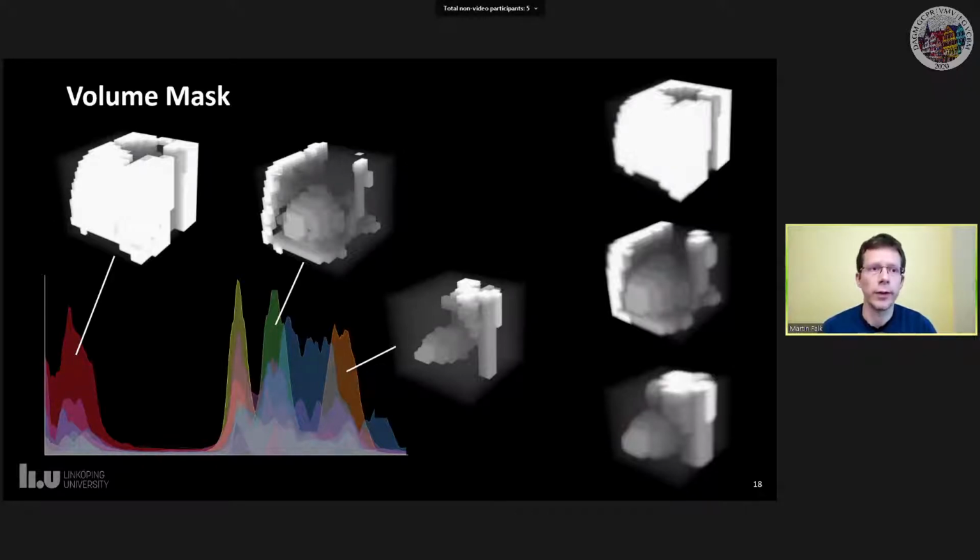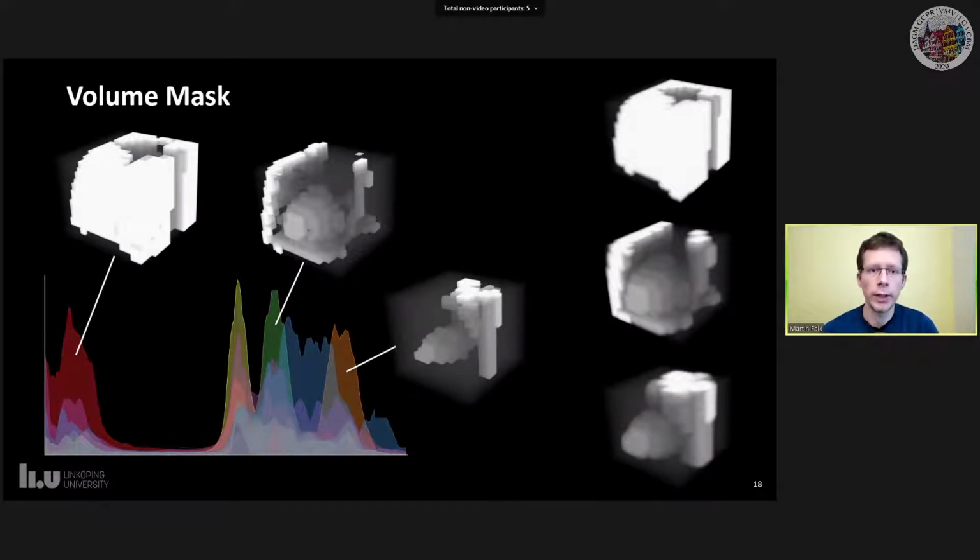Of course, since our block resolution is rather coarse compared to the volume resolution, the binary mask is rather coarse. To lessen this problem, we can also apply a distance-based transform to smoothen out the transitions, as you can see on the right-hand side.